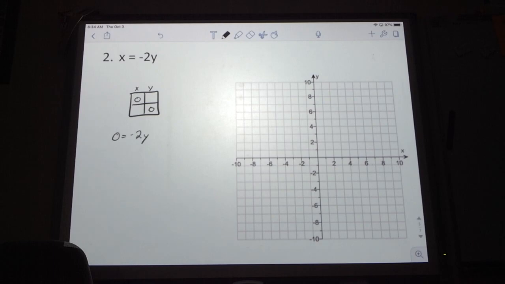What is y? 0, because we would divide both sides by a negative 2. So 0 equals y. Now if we plug in a 0 for y for that second row, x equals negative 2 times 0. Negative 2 times 0 is 0, so x equals 0.